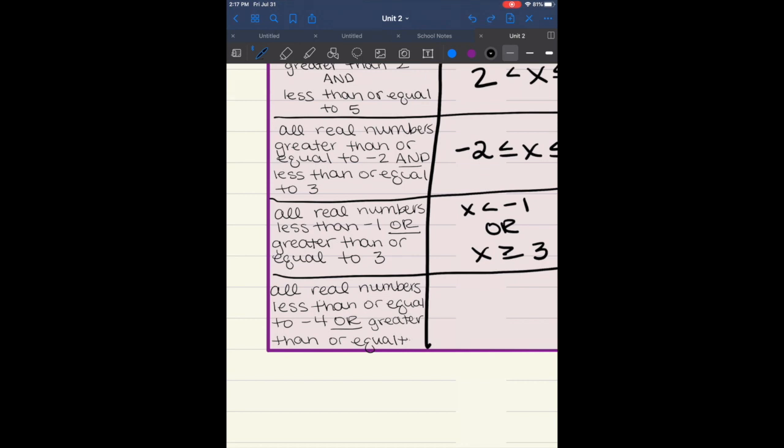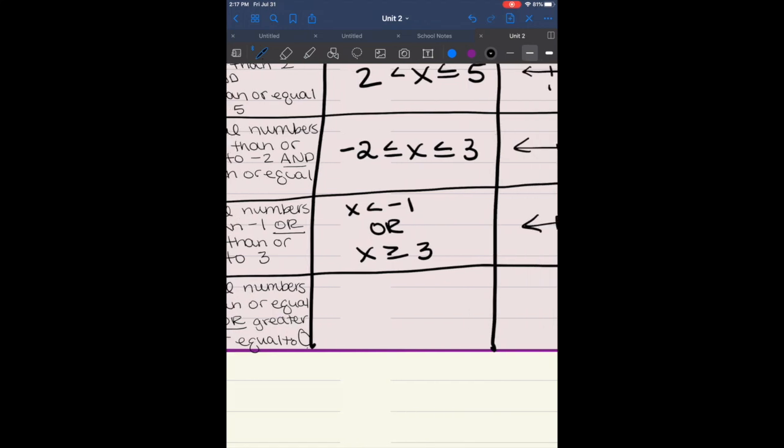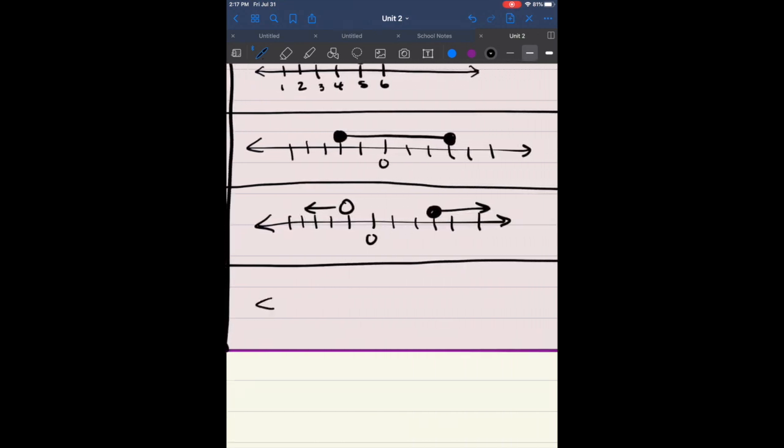And Pac-Man is going to be eating -4 for the first one and x for the second one. So when we draw it on the number line, we're going to have closed circles on -4 and 0, and our arrows are going to go out.